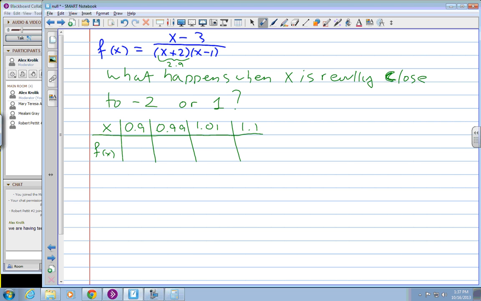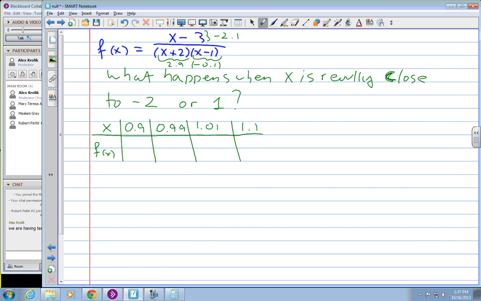If I plug in 0.9 there, I'll get negative 0.1. And if I plug in 0.9 there, I'll get negative 2.1.